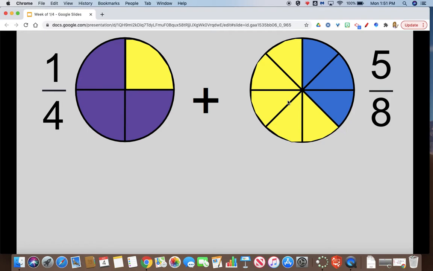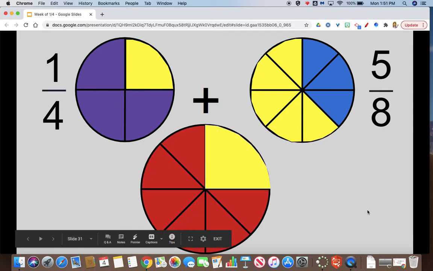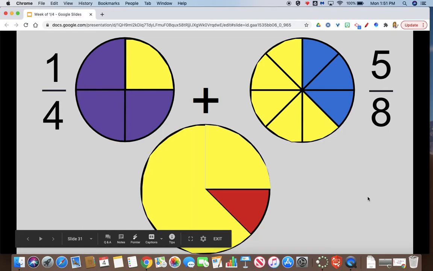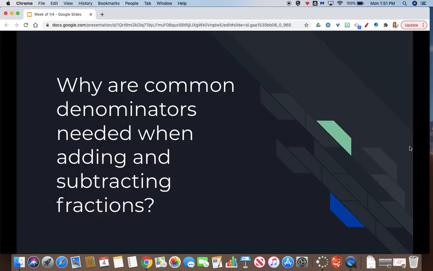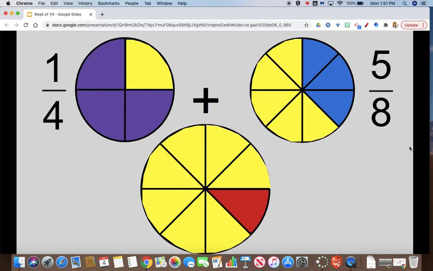If we think about putting those two pieces together, it's really easy to visualize here that 1/4 fits in for 2 of those 8s. You can see that picture. If we fill in a 1/4, it takes up 2 of those 8s, and then we can fill in our 5/8 there as well. How many total cups of berries is that? Well, it looks like we have 7 of our 8 pieces shaded in, so that would be 7/8 cups of berries.